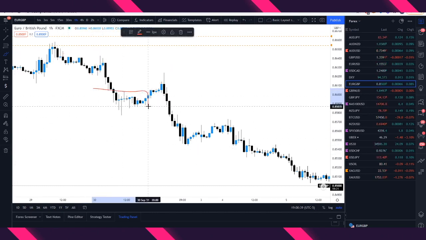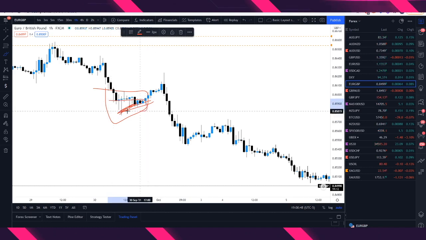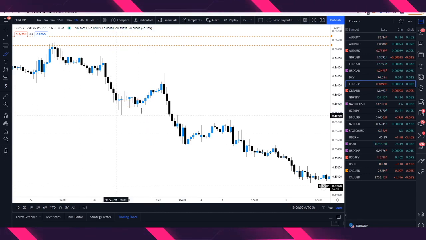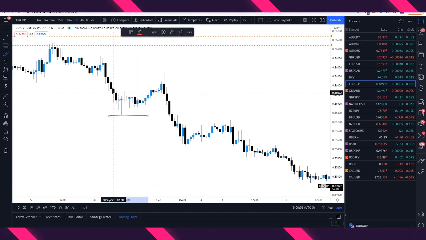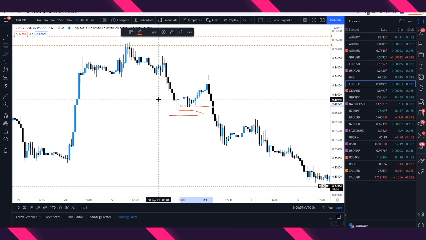Look at these wicks. They're making higher high wicks, super big wicks. People's eyes go to that. Stop losses will go under it. Stop loss, stop loss. Just building up liquidity to take it out.